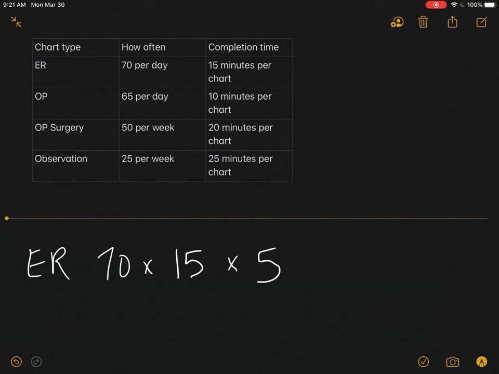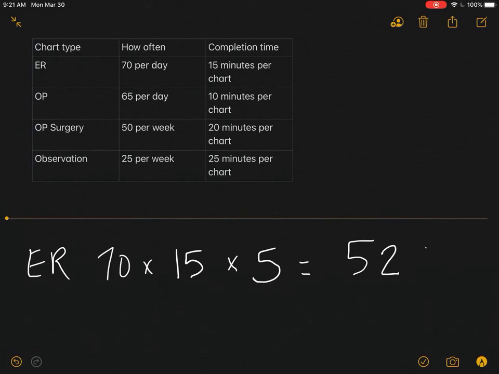Then we still have to multiply that times 5 because they're done 5 days a week. So 70 ER charts times 15 minutes each times 5 days per week. So 70 times 15 times 5.